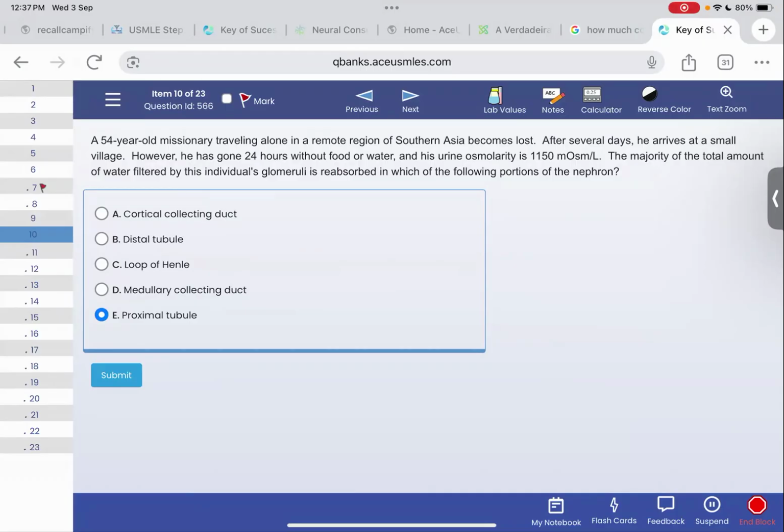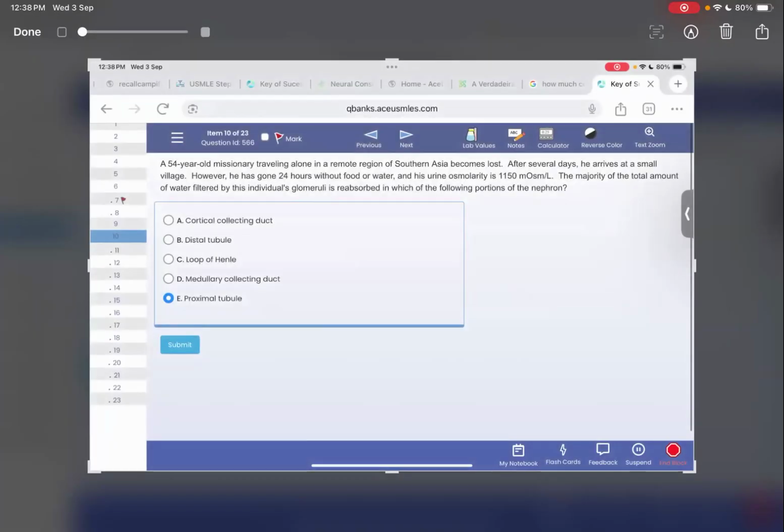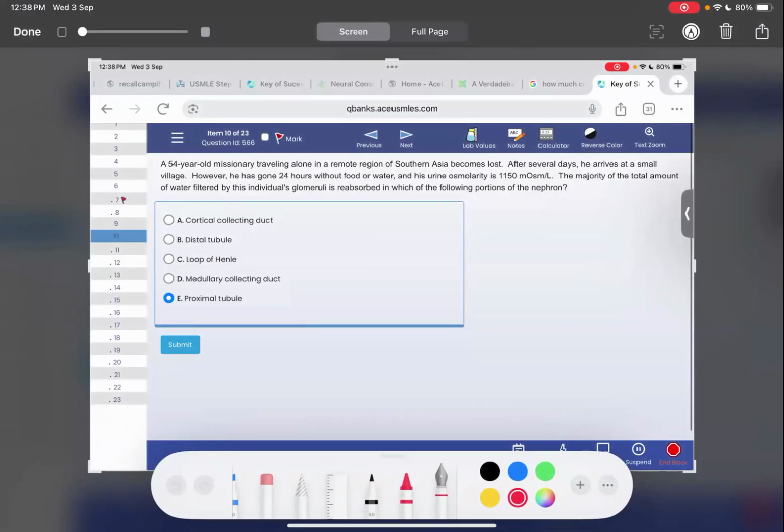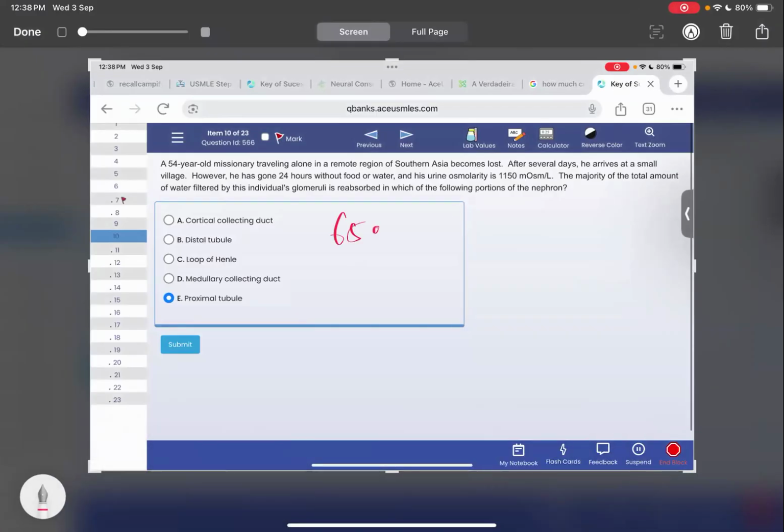Sir, can you tell something about loop of Henle? What's going on over there? I think it's 65% in the PCT, 15% in the loop of Henle, and 5 to 10% in the distal convoluted tubule.